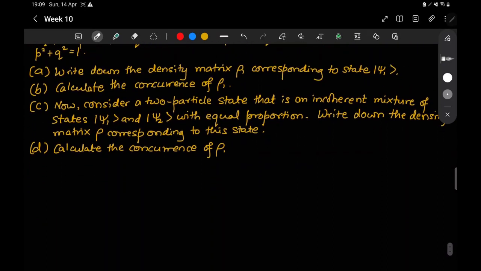Let us start with part A, that is to write down the density matrix. So we have this state, and in the entire basis, so the entire basis set will be the following.